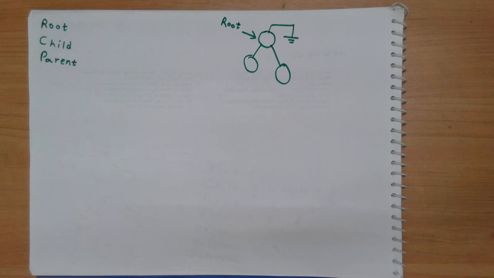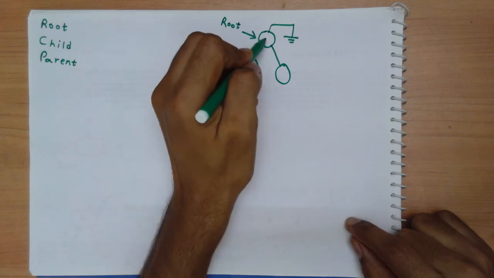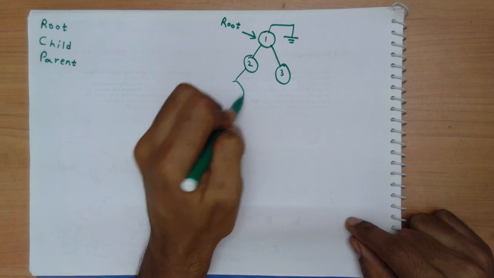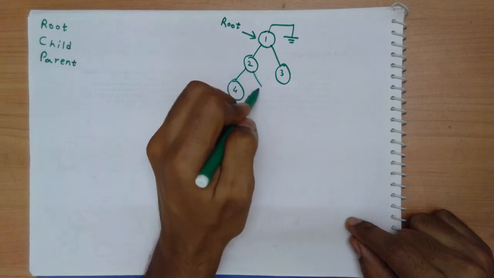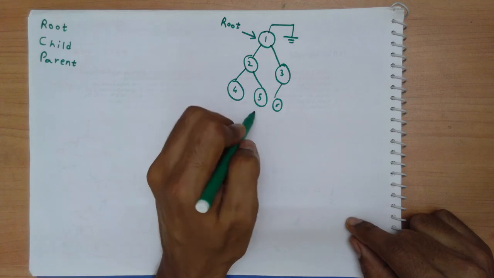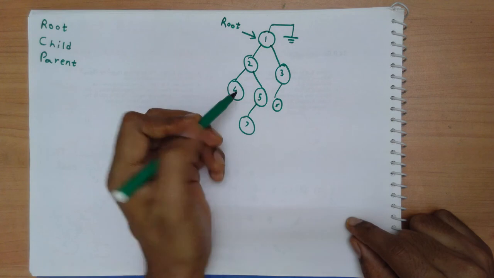And that's where the parent-child relation comes in. If I give numbers to these nodes, let's call it 1, 2, 3, say 4, then there is 5, then there is 6, and let's introduce 7, and that's my tree.